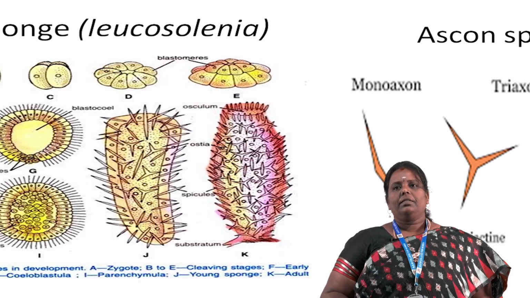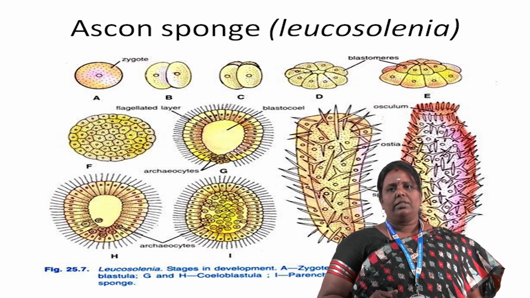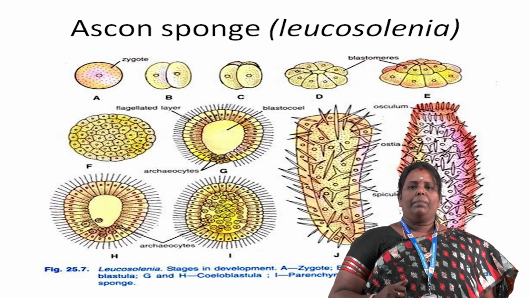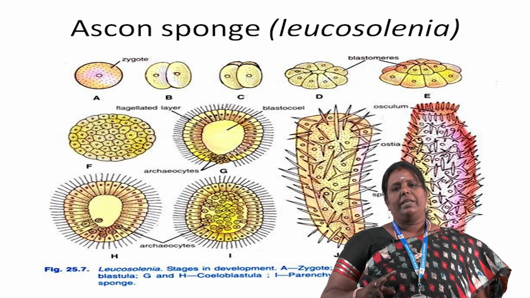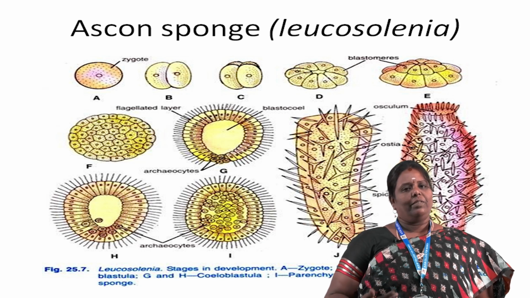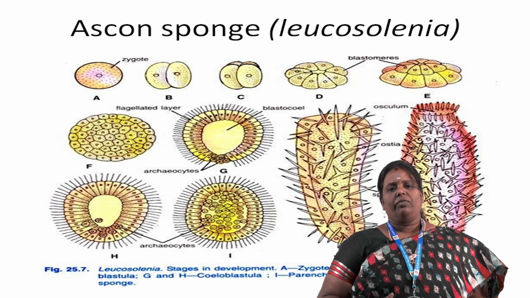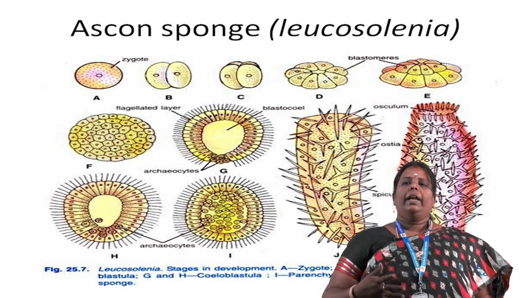Next, we have to know about the reproductive system of the ascon sponge. First, a male and a female gamete fuse, forming the zygote. After zygote formation, cell division occurs, and cleavage also occurs. That is very interesting: 2 cells are formed, next 4 cells, next 16 cells, next 32 cells.